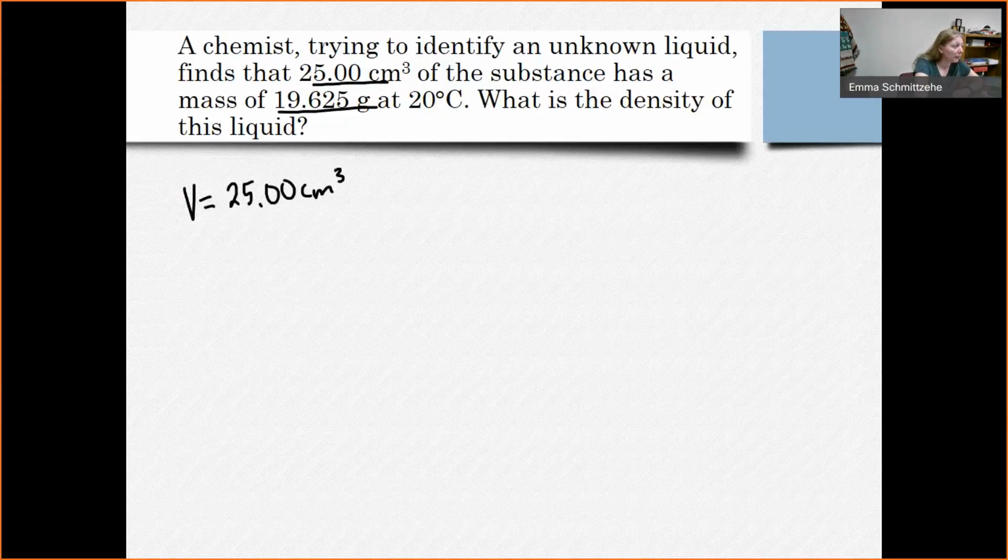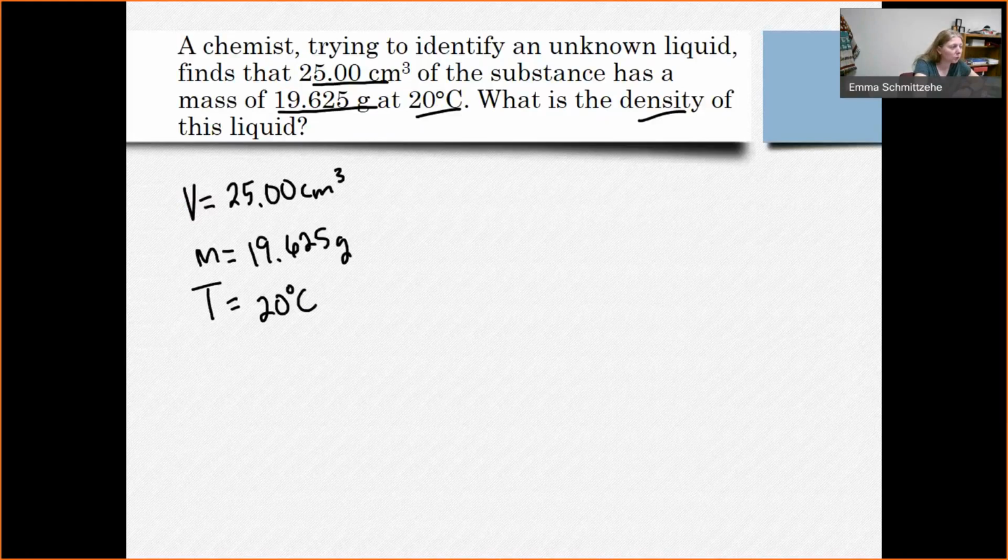And so we have M, that's 19.625 grams. We also have 20 degrees C, it's temperature. Okay. It's helpful to just pull the numbers out of the problem. Sometimes it helps you see things a little bit better. Sometimes they're all useful, sometimes they're not. And then we want to know the density.